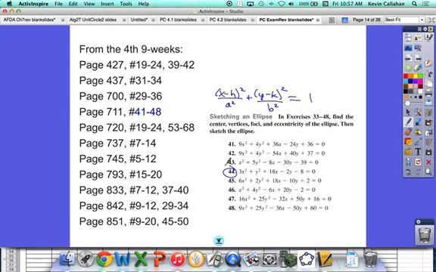number 44. First, we get together the x terms, right? 3x squared plus 18x. Then we get together the y terms, y squared minus 2y. And then we put the constant over to the other side, add 8.